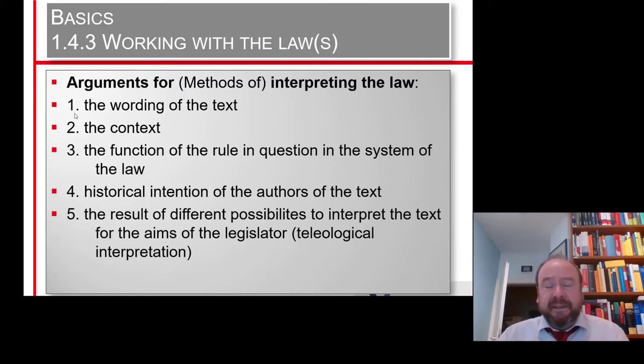And in the end, one might also argue with the general aims of the legislator in order to decide between different interpretation possibilities. For example, if somebody says we have to choose between two potential interpretations of a law, one of them leads to, let's say, a complete breakdown of civil rights in everyday life.